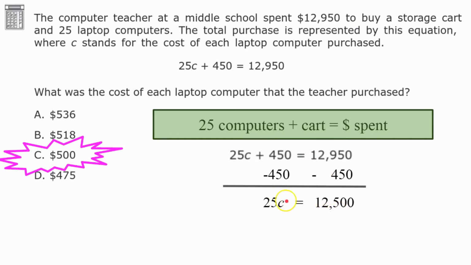Now I need to know what C is, so to undo multiply by 25, the inverse is to divide both sides by 25, and C is equal to 500. I didn't show you this math because you're allowed to use a calculator now. So each computer cost $500.